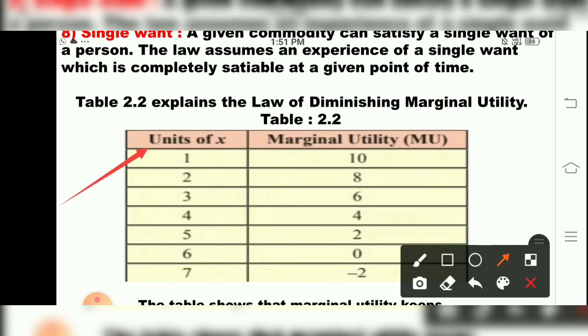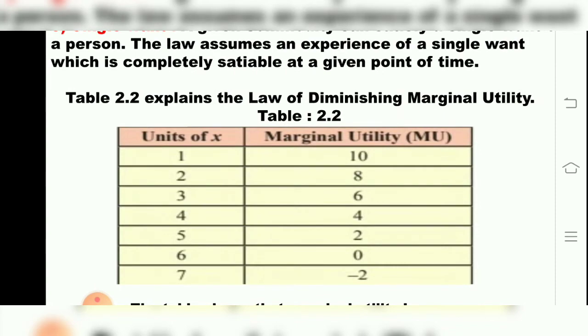The table is the same, but it shows only MU, and we know how to derive MU. So units of X and marginal utility have been given, children. Units of X are 1, 2, 3, 4, 5, 6, 7. And MU is 10, 8, 6, 4, 2, 0, minus 2.